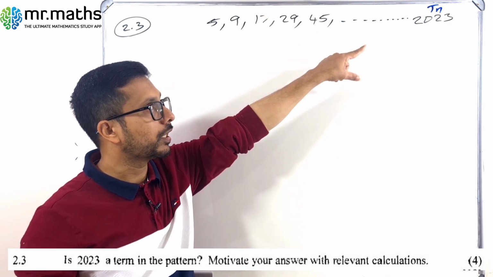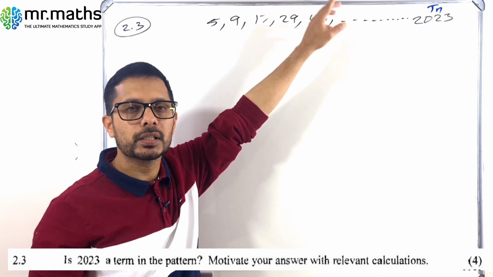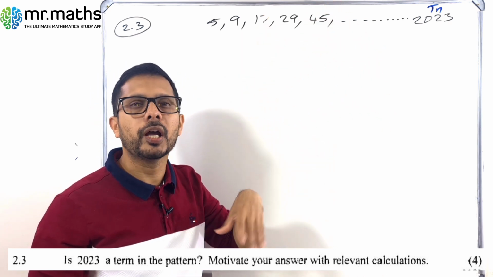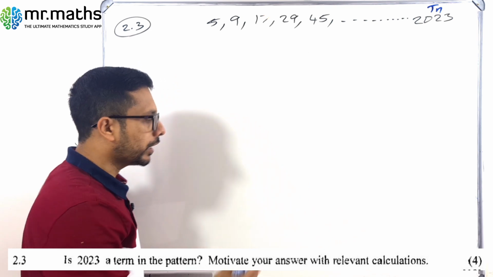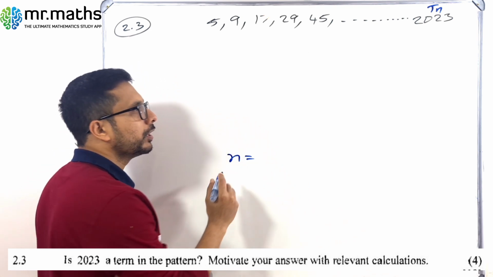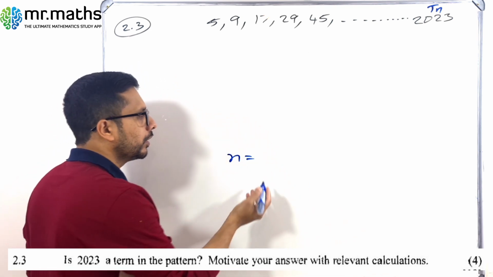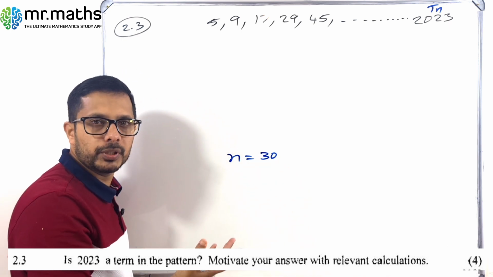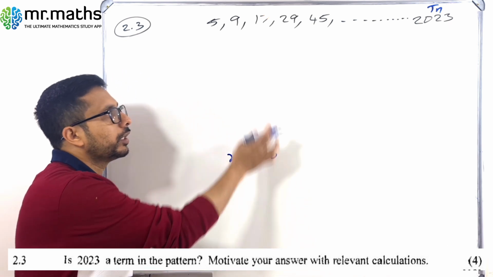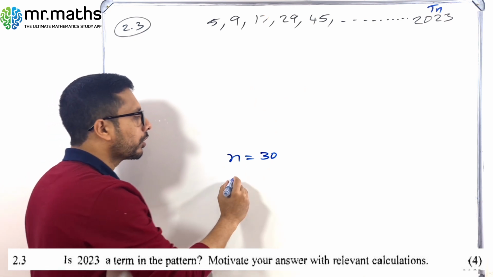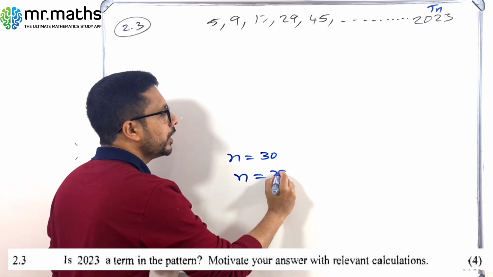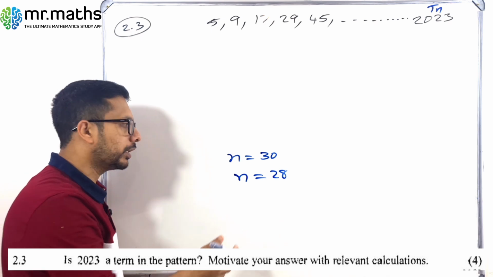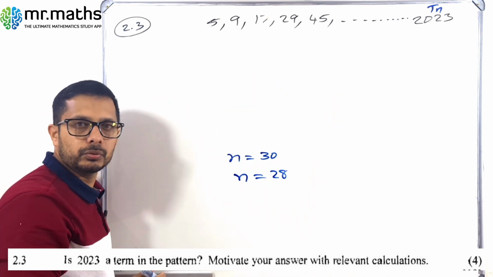If we are getting the value of n as a natural number, for example 30, then we can say that the 30th term is 2023. Or if n is 28, then the 28th term is 2023.